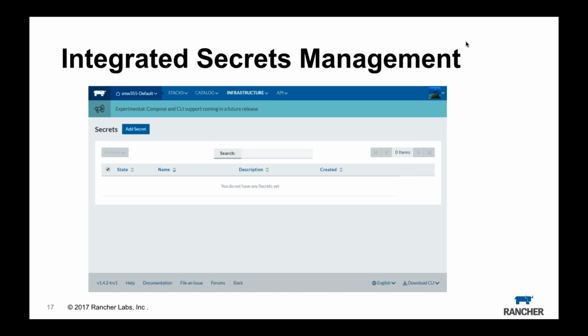So, hi. I'm going to talk about integrated secrets management today. In 1.4, we introduced an experimental feature to show how we plan to move secrets through Rancher in an encrypted fashion, while trying to balance it for both sets of our users.